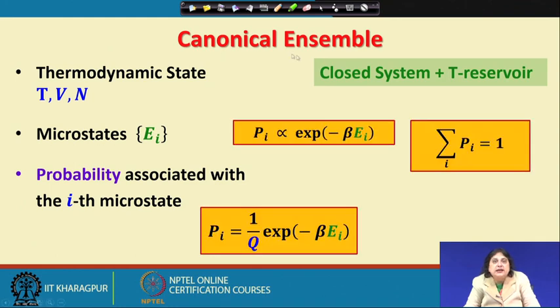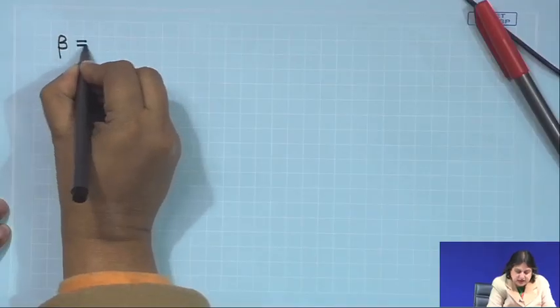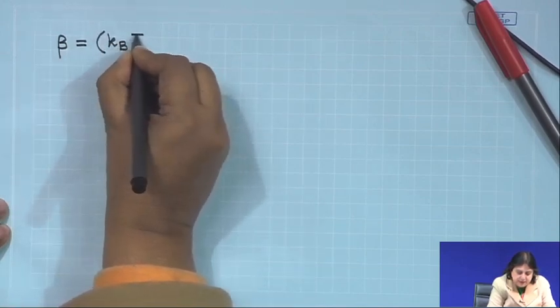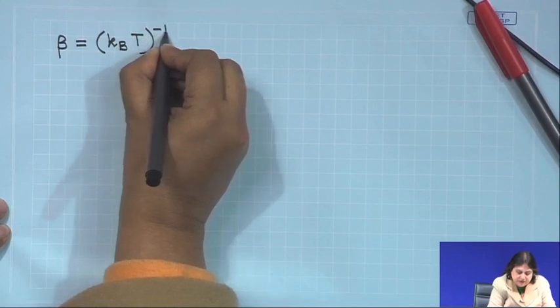The answer is this probability is going to be proportional to exponential of minus beta E_i. In this discussion, I am going to use this definition again and again. So, beta is equal to (k_B T) whole inverse.